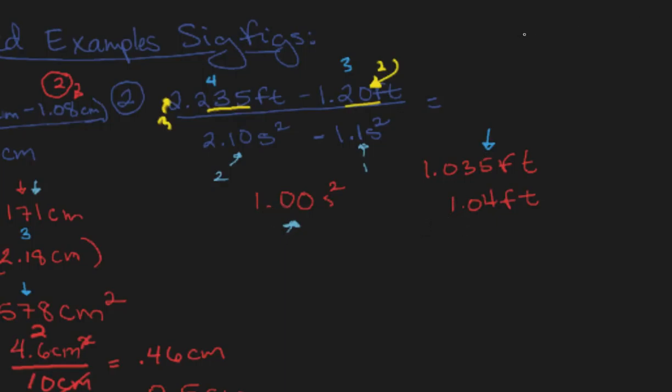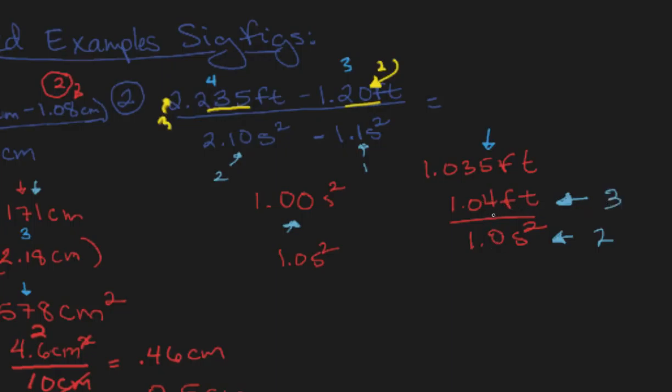So we need 1.0 there. So let me go back to red. So this becomes 1.0 seconds squared. Then you put it in the denominator. At this point, you divide the 2, and anything divided by 1 is itself, but here we now have a comparison of 2 sig figs in the denominator and 3 in the numerator.